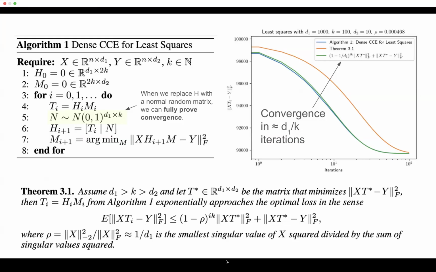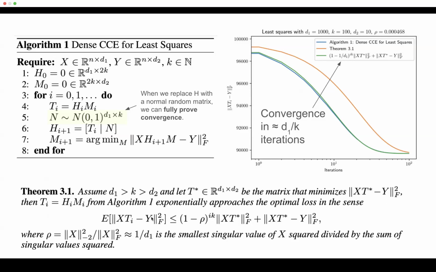Basically, assuming a little bit that the stable rank of X is not too weird, we get an exponential decrease in the loss.